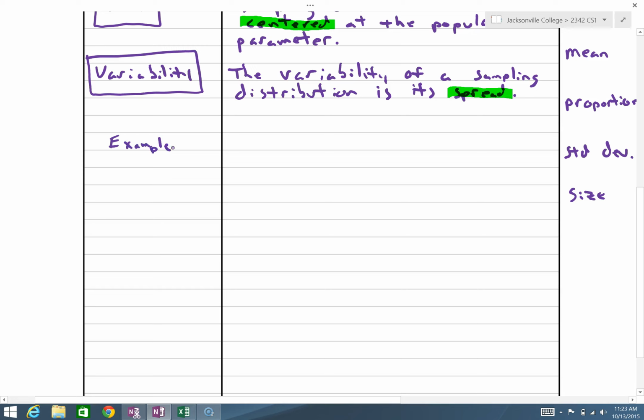Example. Let's say that we're trying to find the height of adult American women.